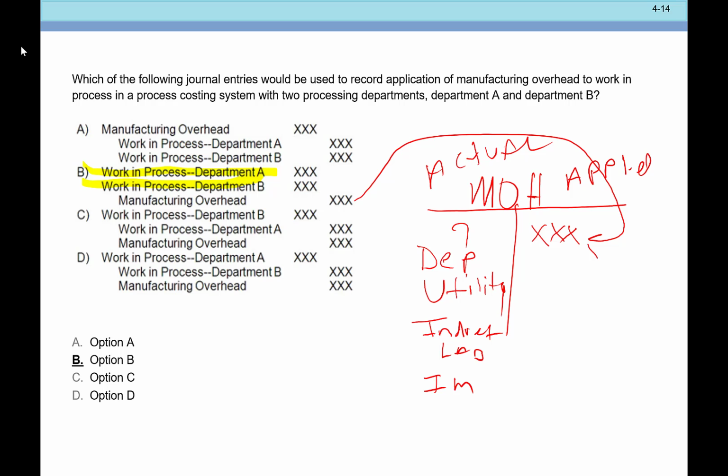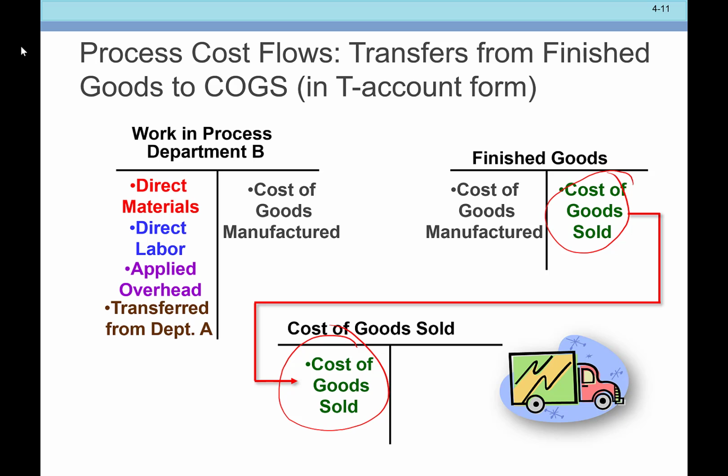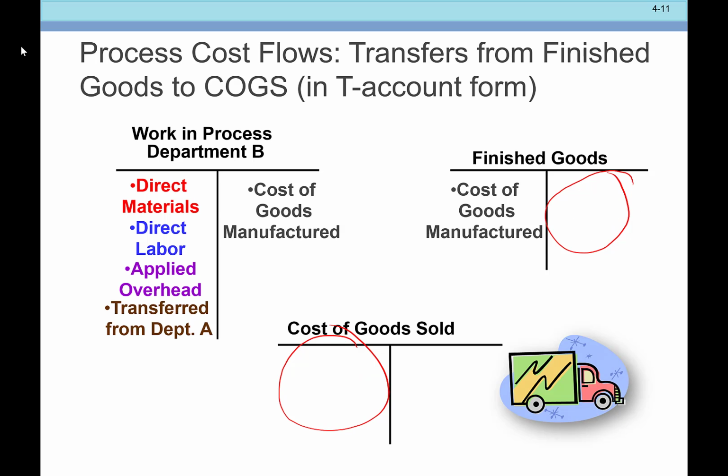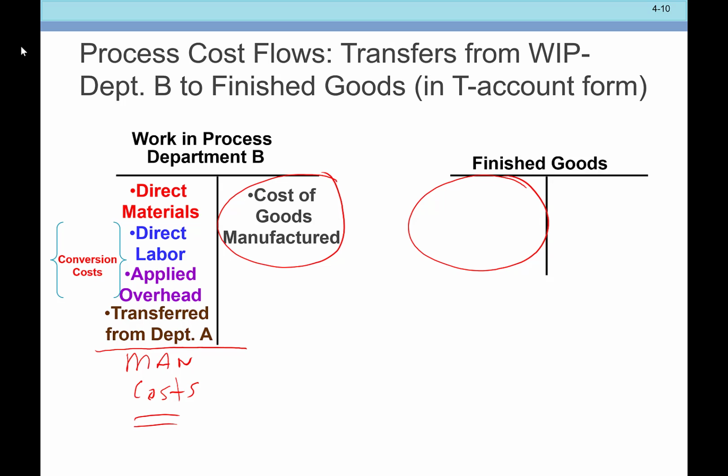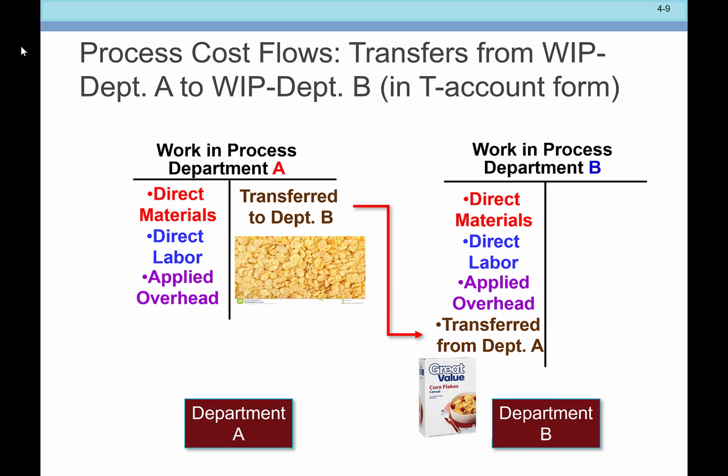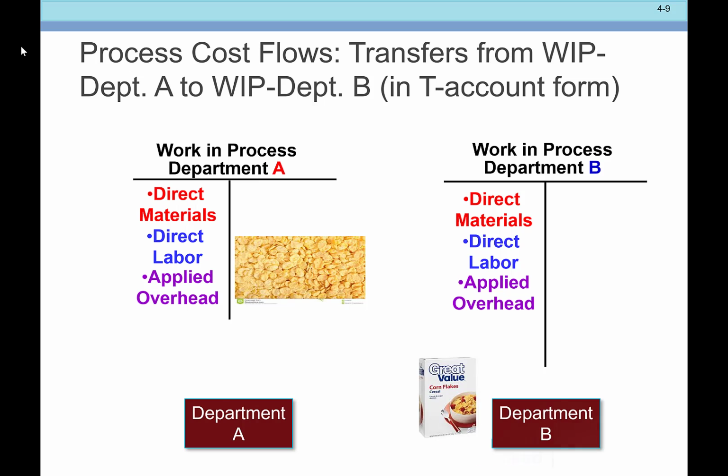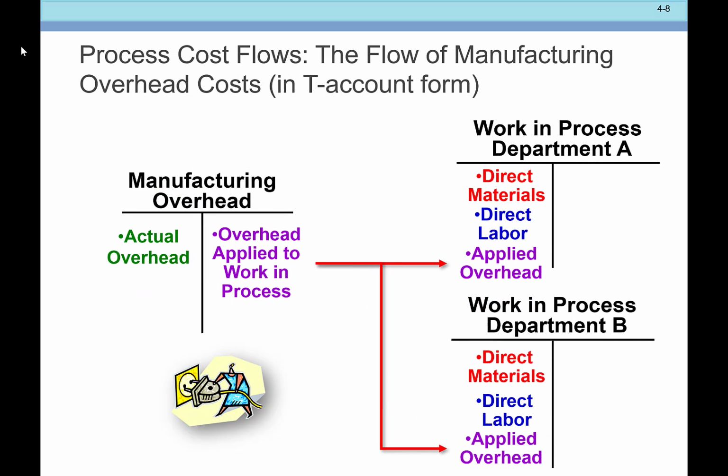Now, in this class, at this stage for our first midterm, I'm going to assume a factory-wide overhead rate. Let me go back to this overhead slide. There could be by-department overhead rates, right? Because what happens?